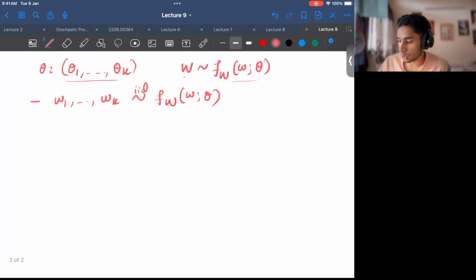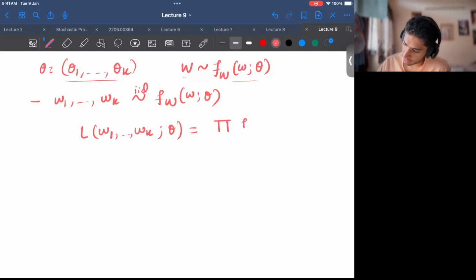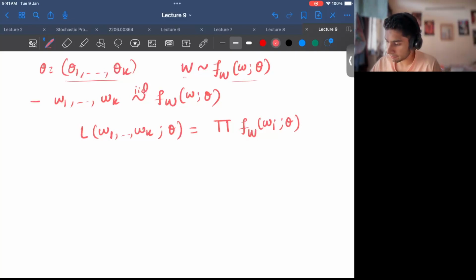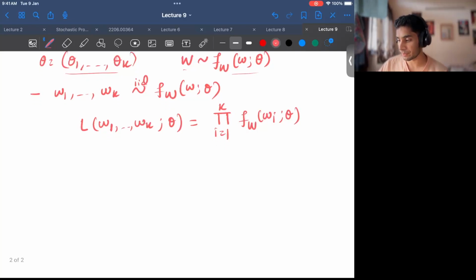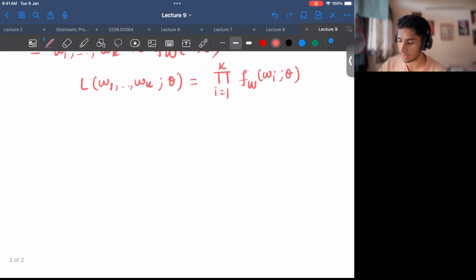So what you do is you first define something called the likelihood function, basically L of W1 till WK given theta. This is nothing but the product of f_W of Wi, theta, i going from 1 to K. So you first define this likelihood, then take log of this.